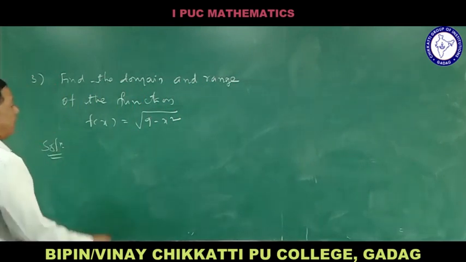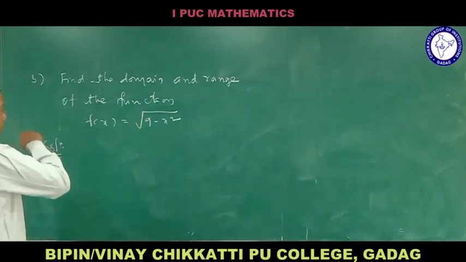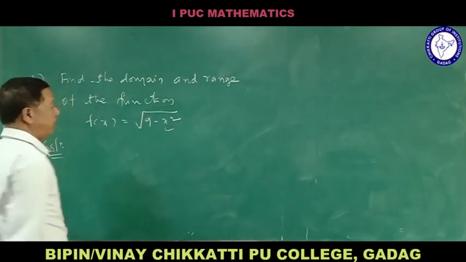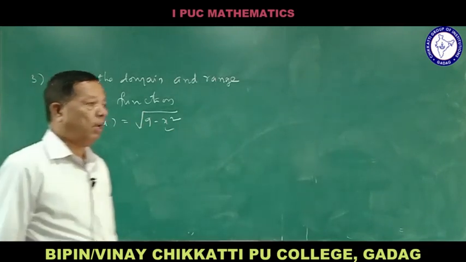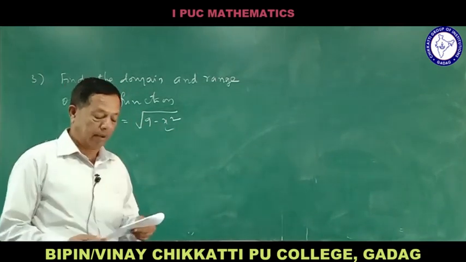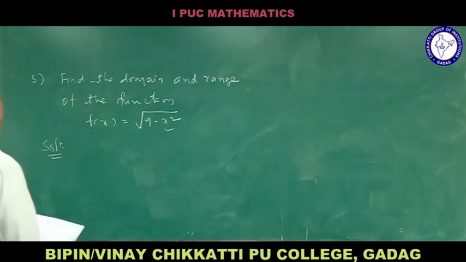So here in this problem you have to go for finding the values of x, and what are the possibilities to take the values of x, that is the elements of the domain.